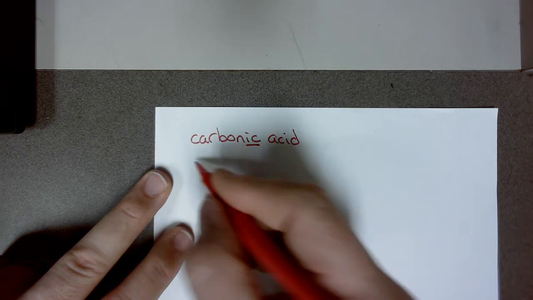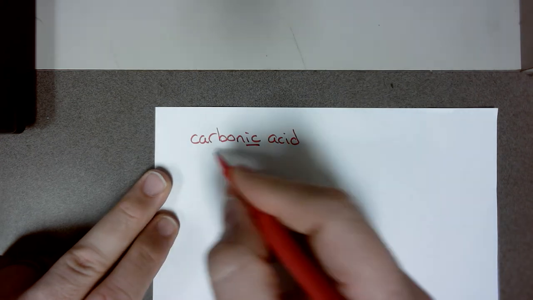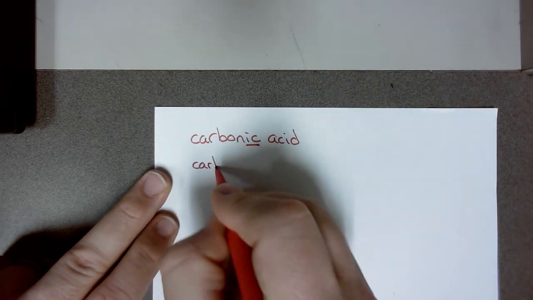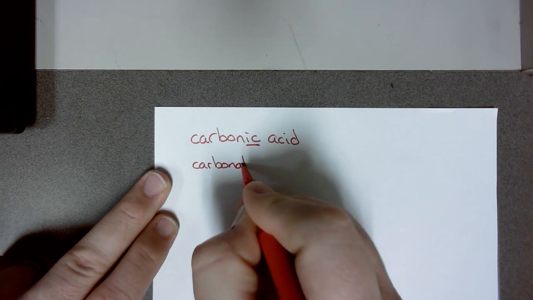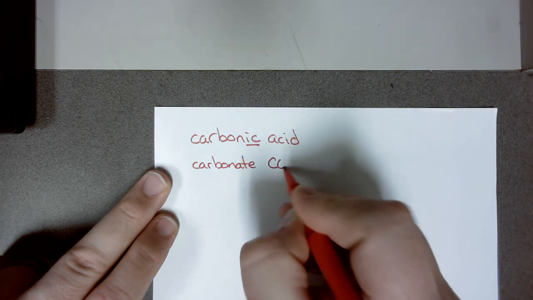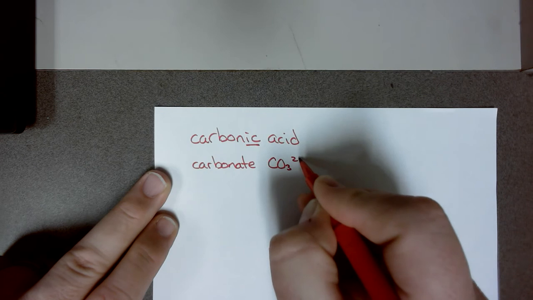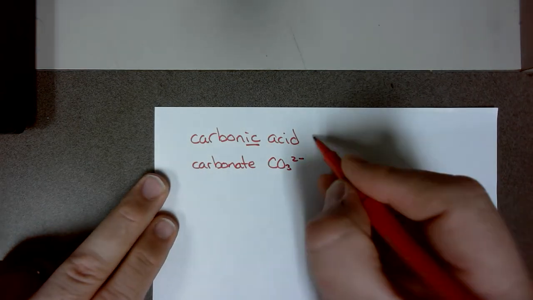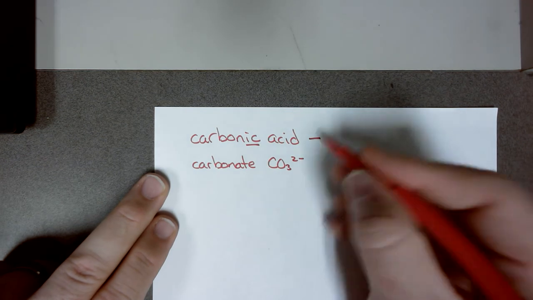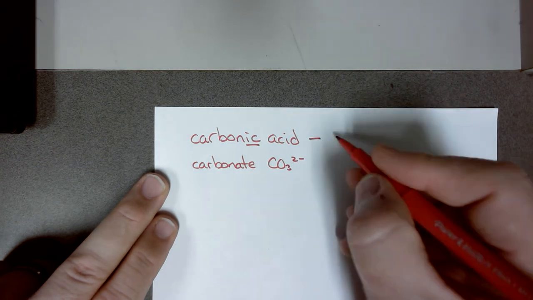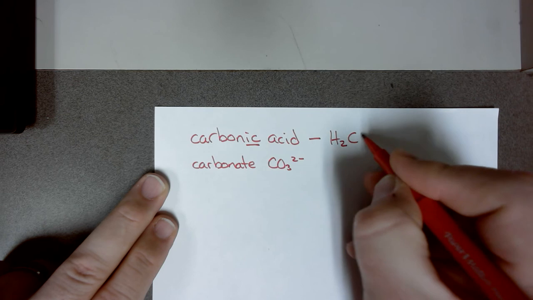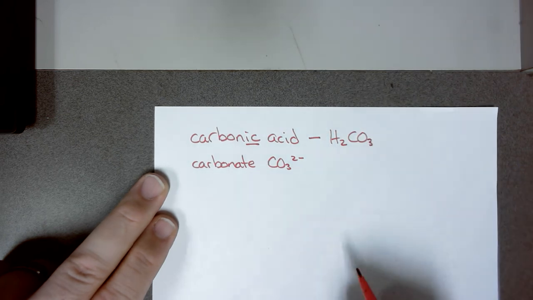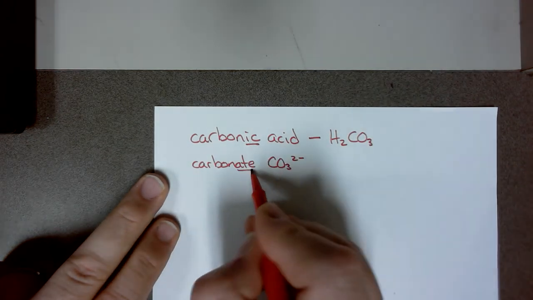The carbonate anion is CO3 2 minus, and so I would need 2 hydrogens, so my acid formula for carbonic acid would be H2CO3. So remember, ic to ate.